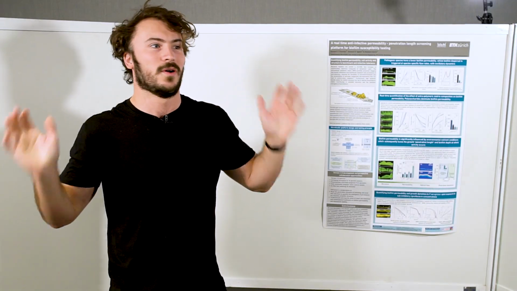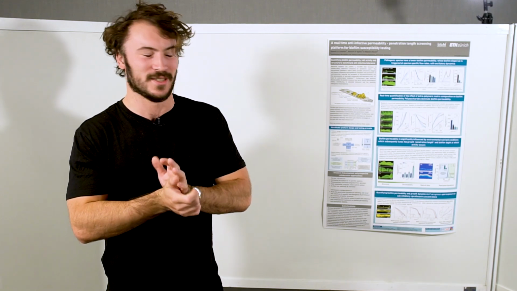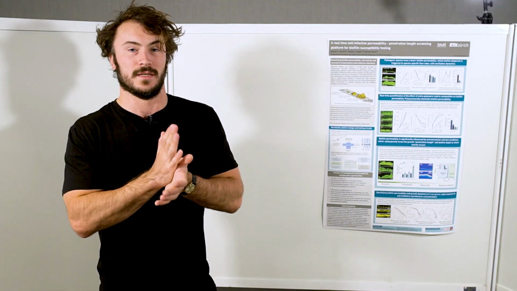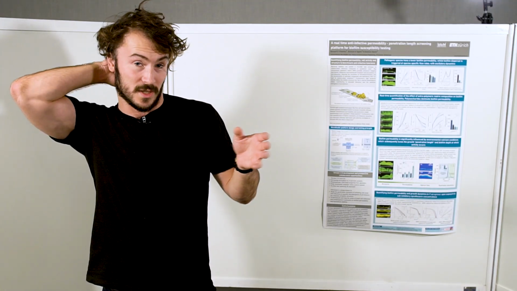So I hope I've not overwhelmed the viewers with too much information, but this is a kind of proof of concept for our device. At the moment, we're developing a 2.0 version of this. The idea is to have a 16 channel system, so we can run 16 conditions in parallel at the same time.